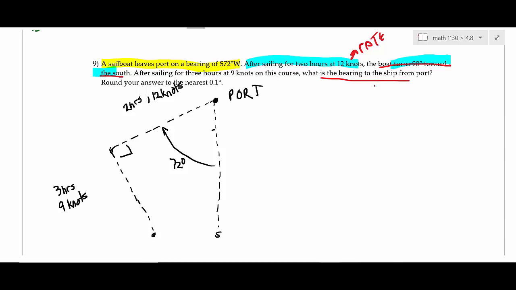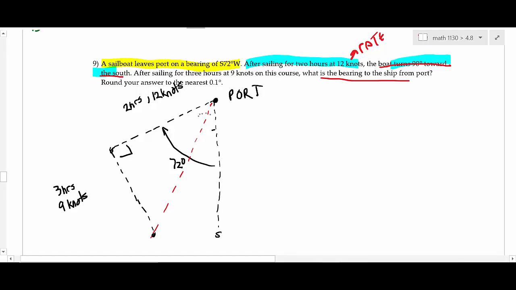So what I want you to do is let's just draw a line that connects these two things like that. Okay? Now, you're trying to give the bearing on this. So that angle right there is the bearing, right? You can tell you're going to get as an answer probably south, that degree, whatever it is, west, correct? Okay, so that's ultimately what we're looking for is that angle right there.